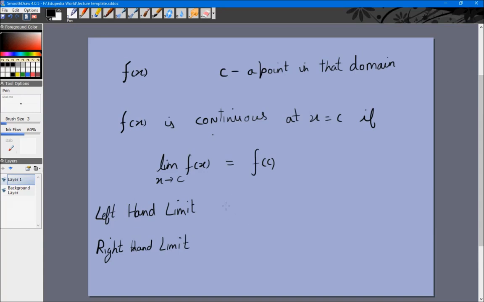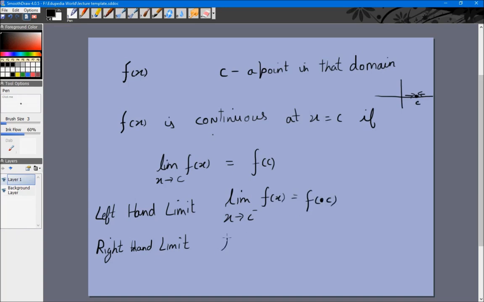Another way to write that is limit x goes to C minus, which means that if this is the point C, let's say, then x can approach C from this side or this side. If it is approaching from the left side, we call it the left hand limit and we write it as x approaches C minus, or C from the side which is less than C, f(x) is equal to f(C).